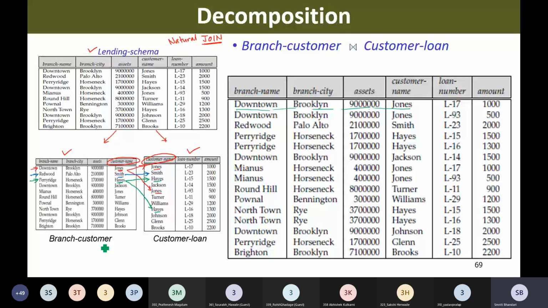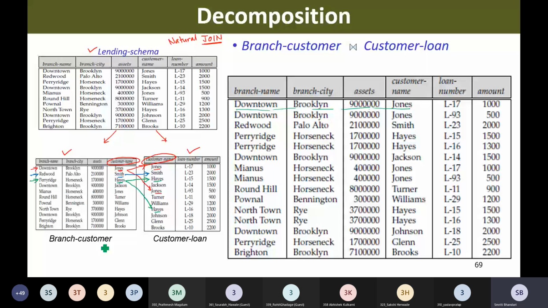So we have here the combination. Customer name will appear only once because it is the same name. Then this loan number L17 and this amount, that is 1000. Right? So we have the other tuple also.